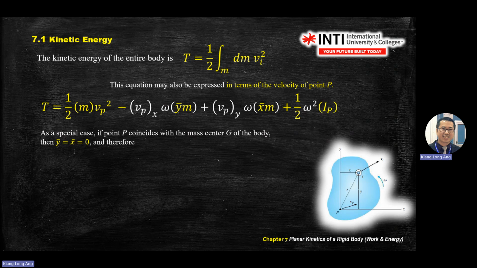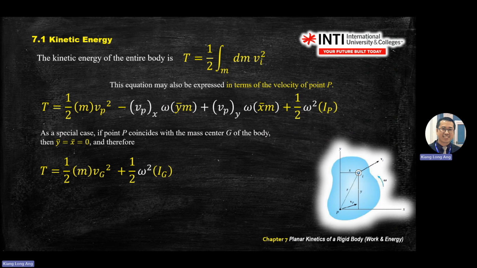Okay, so you can cancel the middle part. The center of mass effect will be 0 if you move your focus point from somewhere into the center of gravity of the object. You will see this one because you move away from the center of mass. There's a point P here. That's why you see Y bar, X bar.